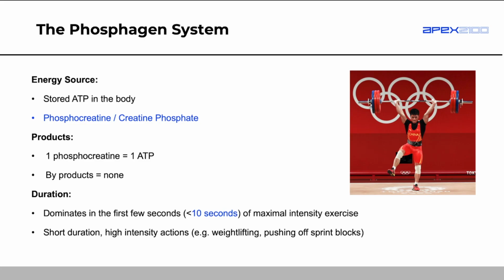In the phosphagen system, again, it operates anaerobically, so it doesn't require oxygen, and it's the predominant energy system during the first 5 seconds of exercise, regardless of the intensity. This system is the primary source of energy when you first start exercising. So we actually have some stored ATP within the body, but that stored ATP lasts maybe 3 to 5 seconds.